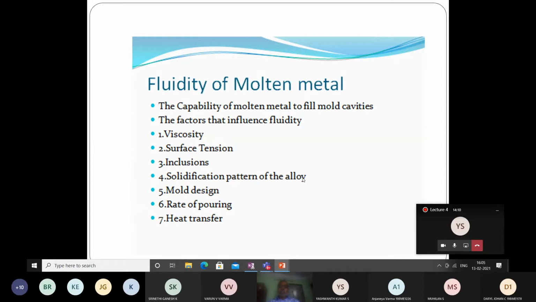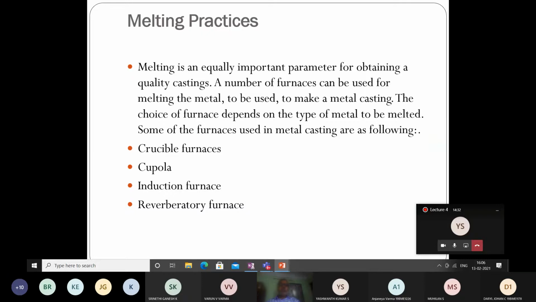Then the solidification pattern of the alloy, because normally any metal used will be an alloy. You take two different metals and join them, that is an alloy. Then mold design, that is the cavity design, the rate of pouring, and how heat transfer takes place. These are some of the factors which influence the fluidity of the molten metal.